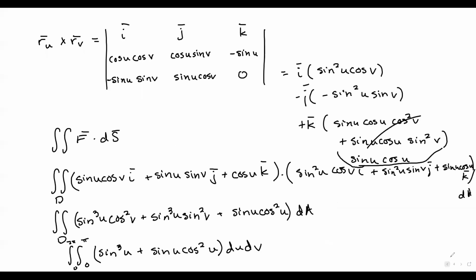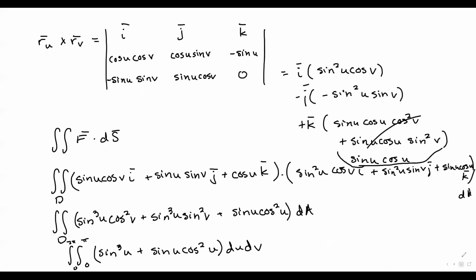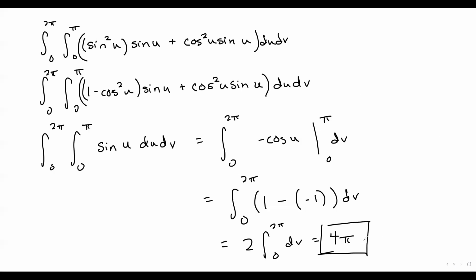Okay, so interpreting this, I can't remember if we discussed the interpretation for the first one, but the idea is that we're trying to find the flow through the object, and that's what that answer is. So that's going to be the amount of flow. So assuming the vector field looked like this and we had a sphere, then the amount of flow through the sphere is going to end up being 4 pi.